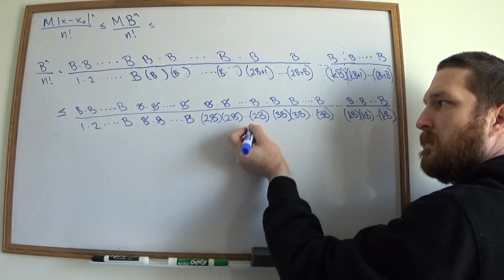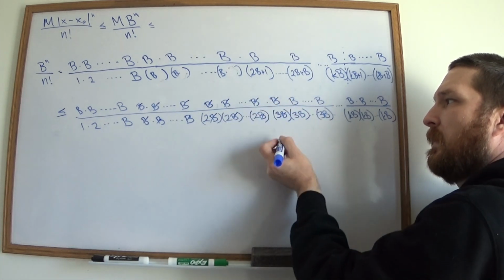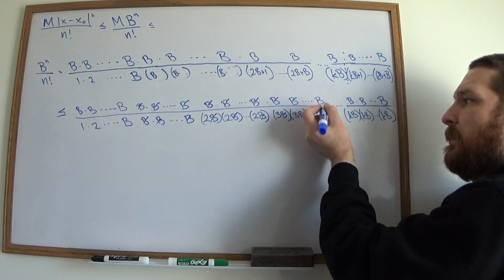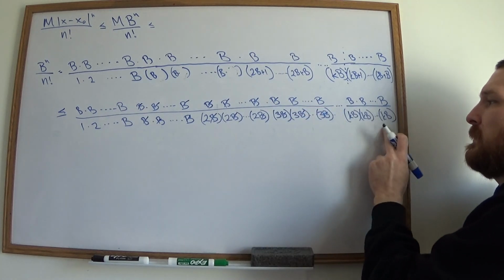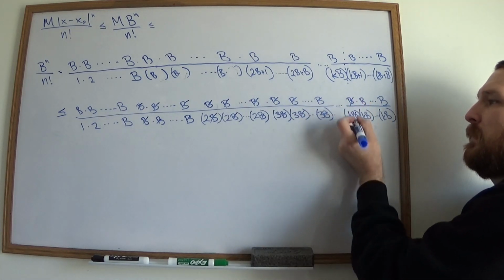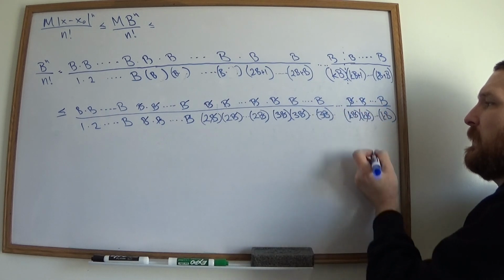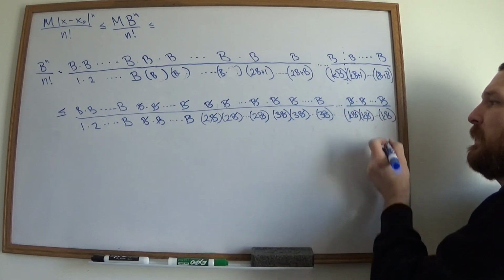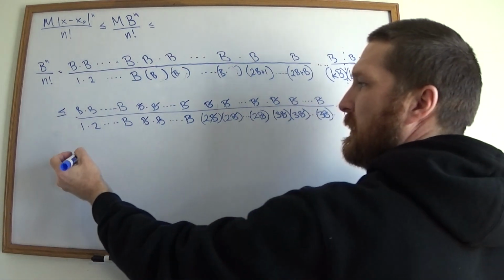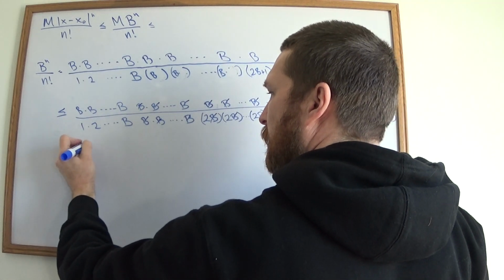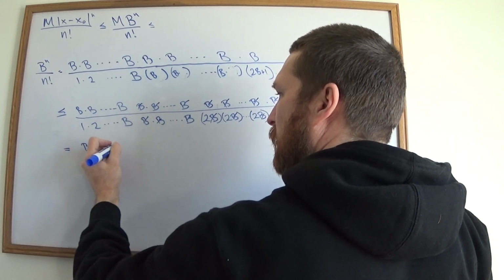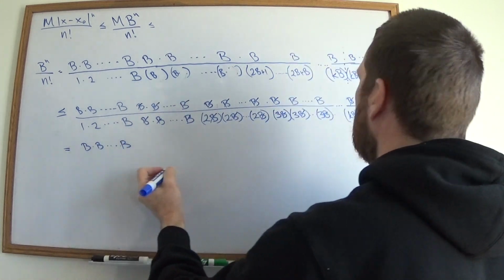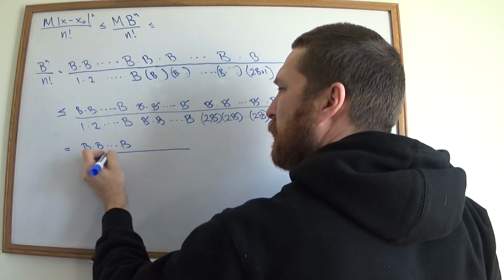This cancels one of those. And so on, all the way up until here. And now we have b, b, b, b, b, b. So now this is the same thing as b times b, a total of b times. There's nobody else in the numerator.